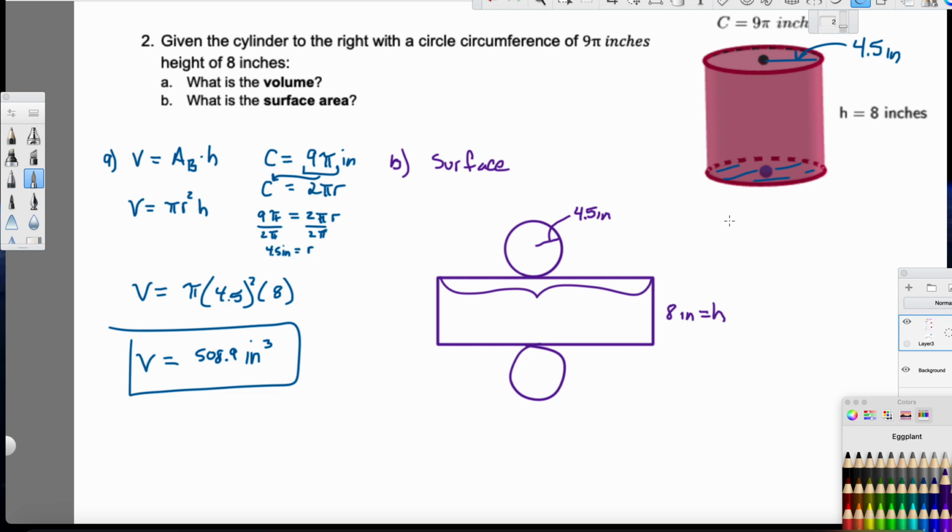So we've got surface area, I'm going to call it SA. We've got two circles. I got 2 circles and 1 rectangle. Okay, and the area equation for a circle is pi r squared. We just saw that earlier. Plus, and the area equation for a rectangle is length times width.